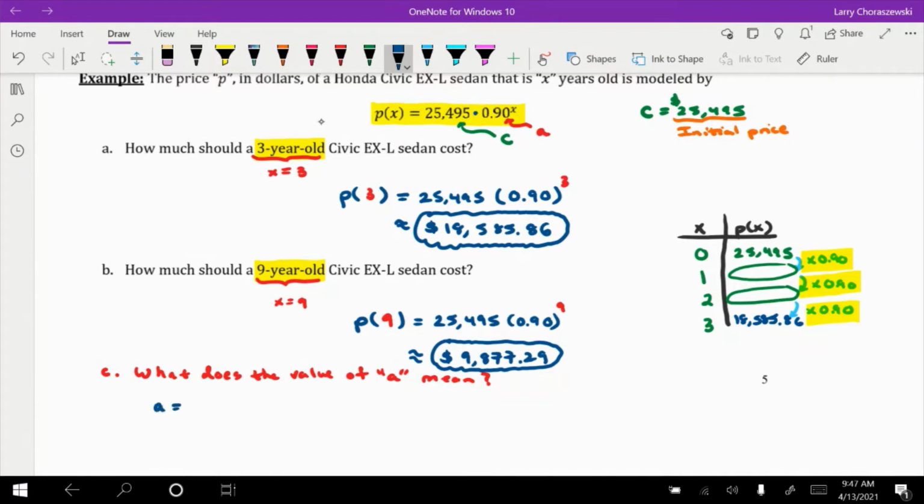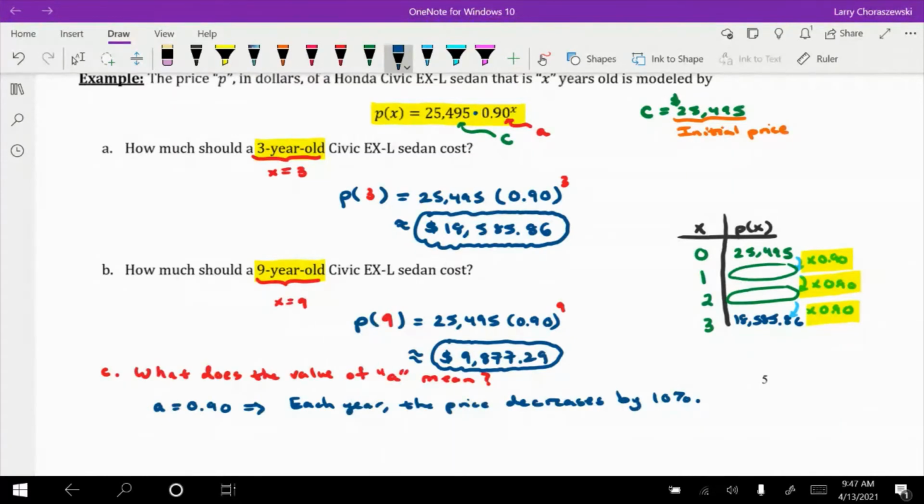So in our problem, A is equal to 0.90, and what this implies is that each year the price decreases or drops by 10%, and that would be the significance of A. Or you could phrase it the long way, where for each additional year you're paying 90% of the previous year's price.